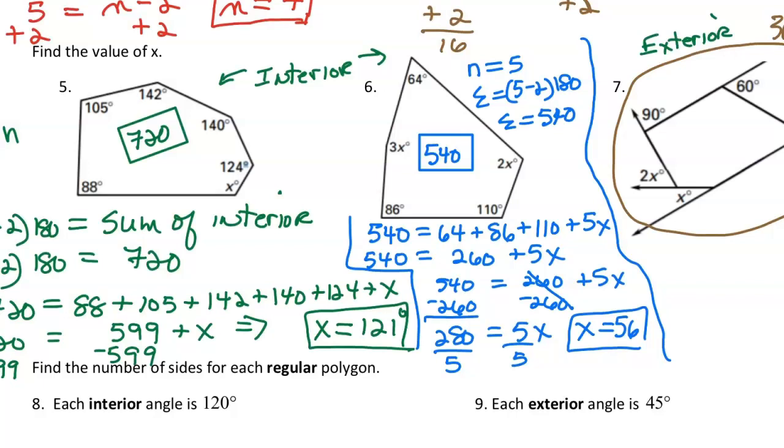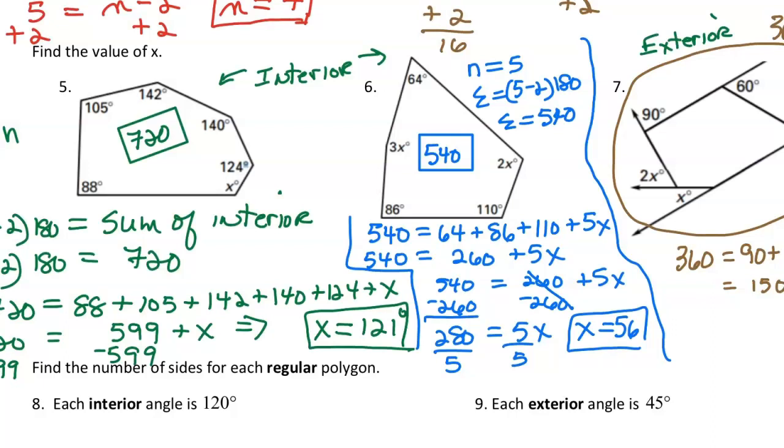Okay, so our goal again is to find the x. So 360, which is the sum of the exterior, equals, add your numbers together, count up your x's, that's 4, 5, 6, 7. Okay, add those together, you are going to get 150.